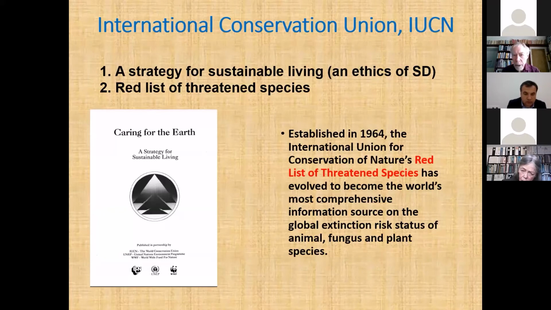And the IUCN, which is from 1964, tries to keep track of diversity, and they produce a so-called Red List of threatened species. Species that we should try to protect because they are threatened to become extinct. So this is an important part of their job in IUCN.